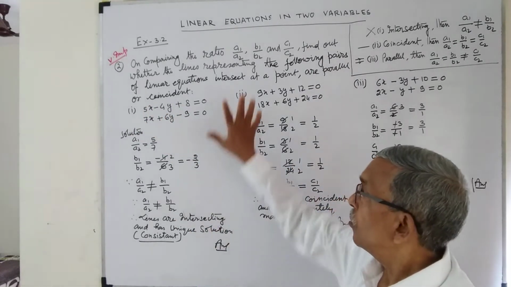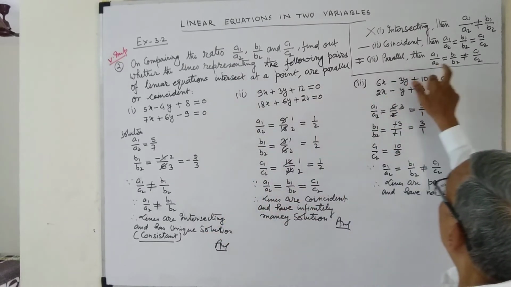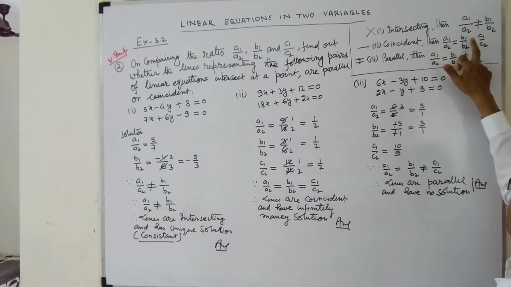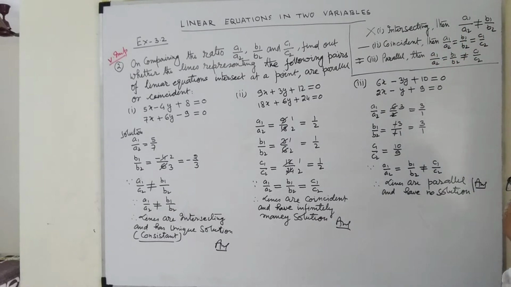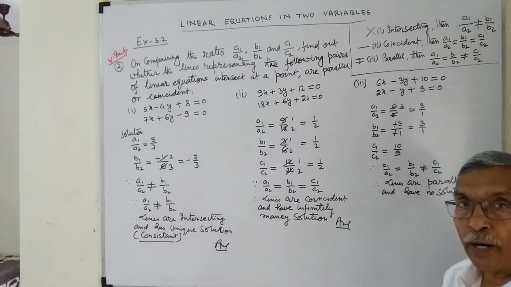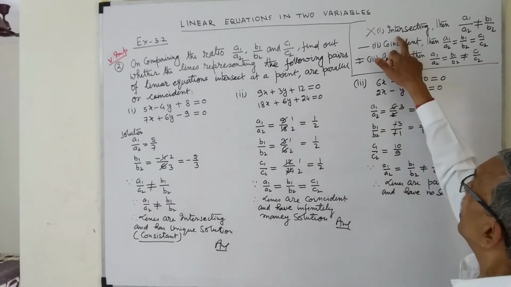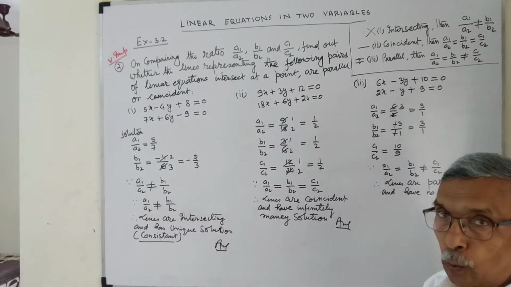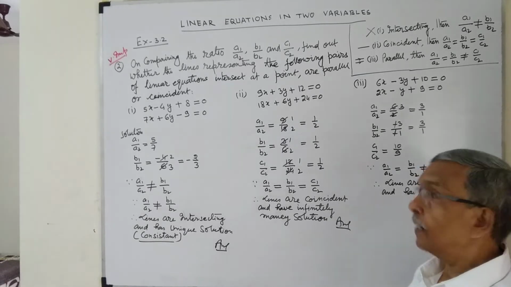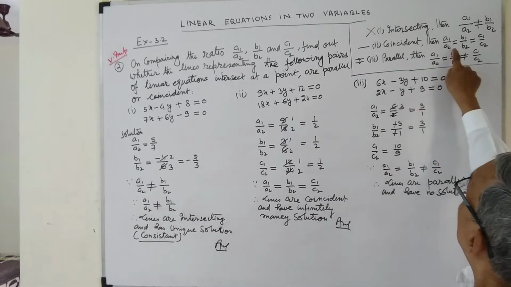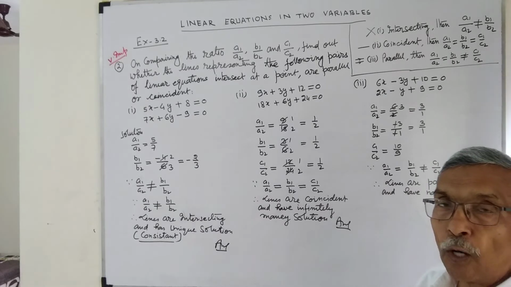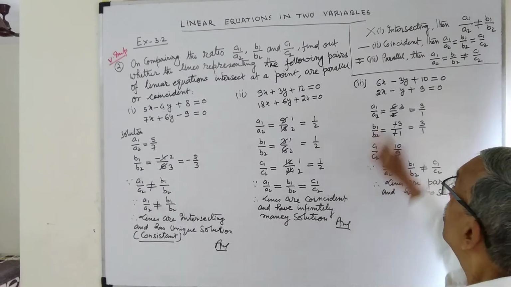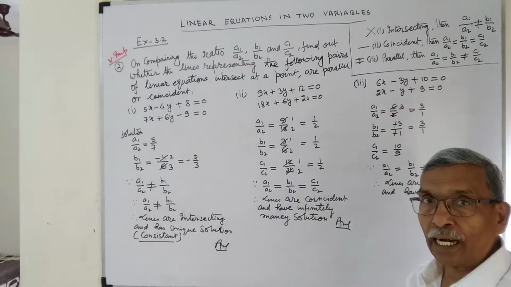Now, for this I have already written the conditions here. If A1 upon A2 is not equal to B1 upon B2, then our lines will be intersecting. Means we have a unique solution and it is consistent. Now, if A1 upon A2 is equal to B1 upon B2 equal to C1 upon C2, then it is a coincident line.